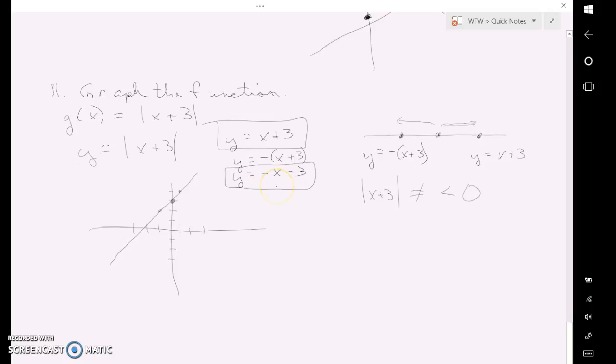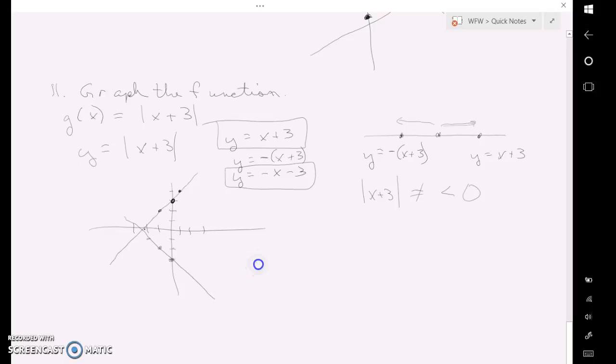And then the other one is y equals negative x minus 3. So instead of running uphill, we're going to go up and to the left one in a negative direction, and we get something like that.